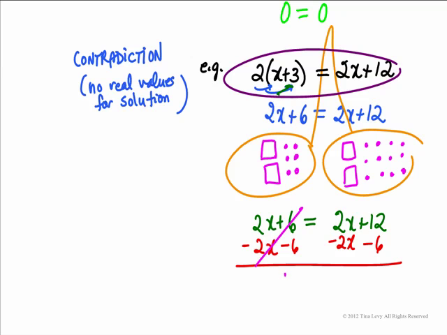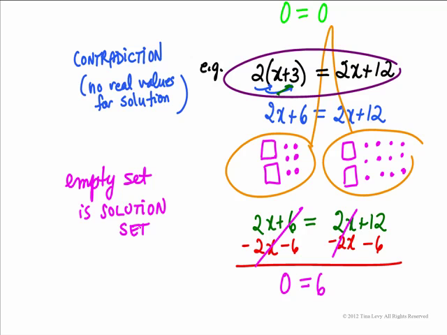Sure enough, this side zeroes out, and here this zeroes out, but 12 minus 6 is 6. And we are getting 0 equals 6. That's a contradiction. And when you get that, that means there's no real number for the solution. And sometimes we say the solution set is what we call an empty set, which means that there's no numbers that work.